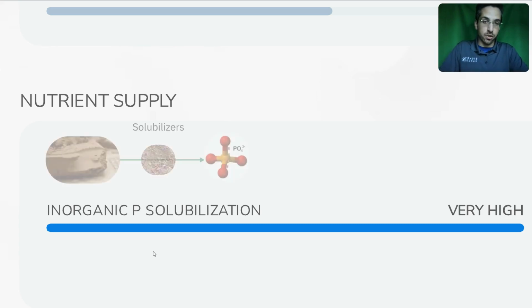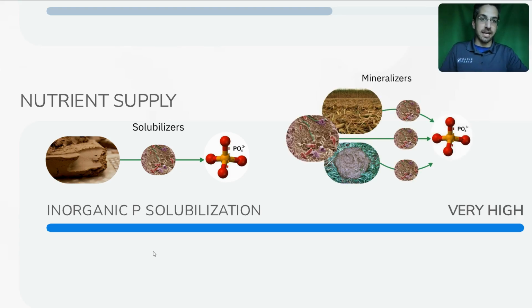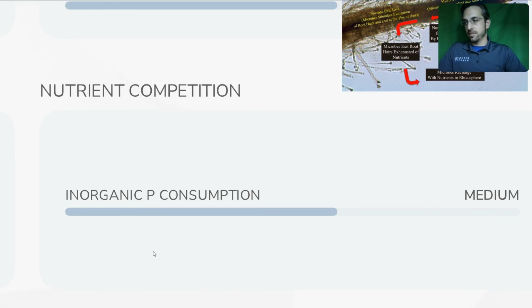Can your soil convert unavailable inorganic phosphorus into soluble phosphate? Can it convert unavailable organic phosphorus into soluble phosphate? This soil evidently has very high abundances of those crop provisioning microorganisms.